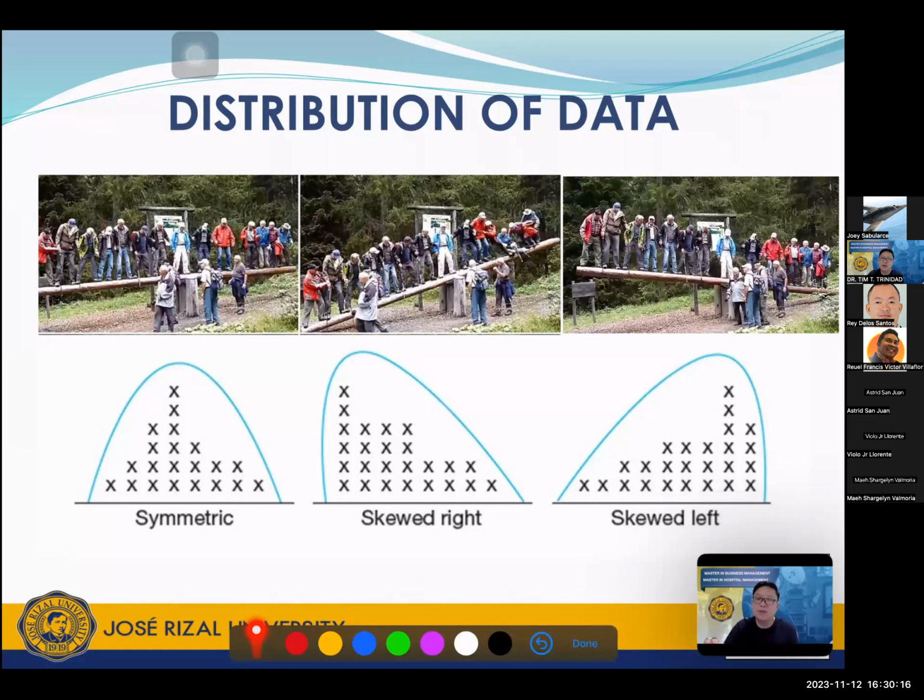The mean, the median, mode are for normally distributed data. So meaning to say, there's a need for you to identify if your data are well distributed or abnormally distributed before you can make use of those statistical measurements.